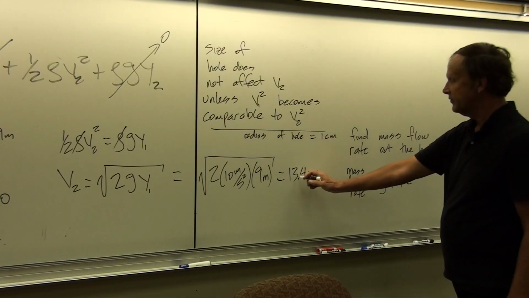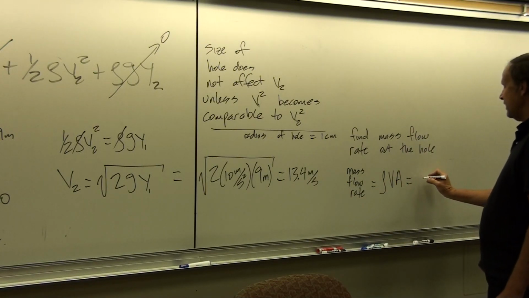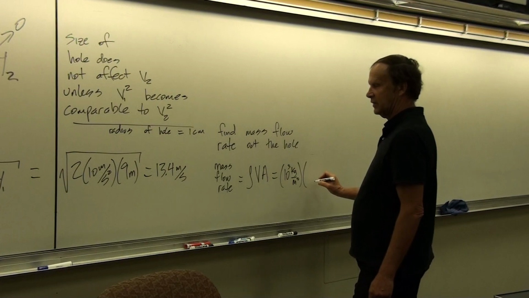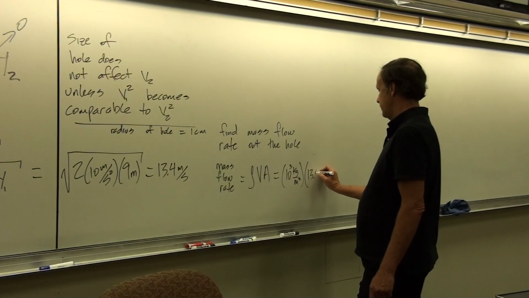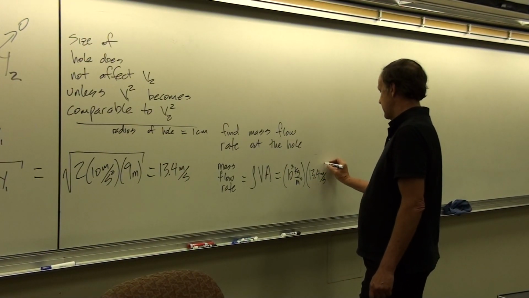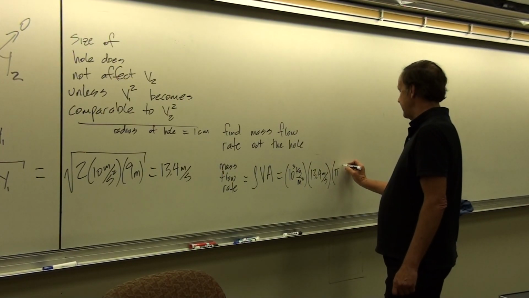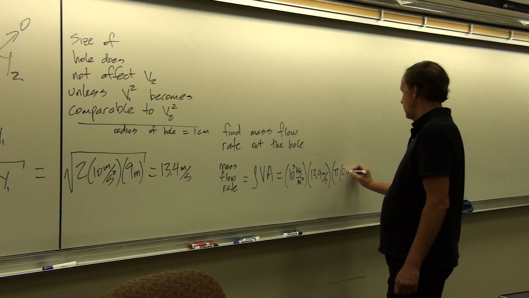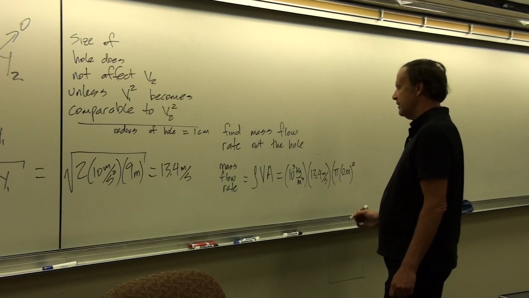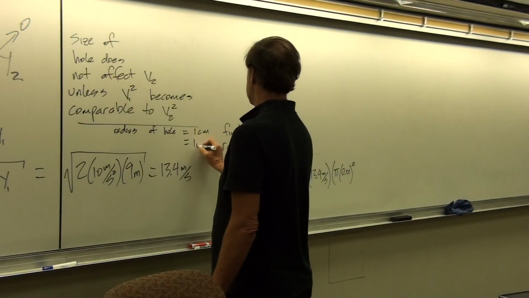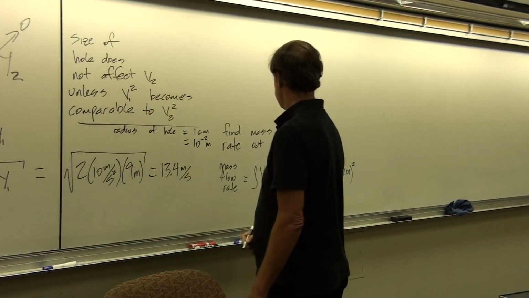And so we already know what the velocity is. We have to figure out the area. The density is the density of water, 10 to the 3 kilograms per meter cubed, times the velocity, 13.4 meters per second, times the area. So the area is going to be pi times 0.01 squared, because the radius is equal to 10 to the minus 2 meters.